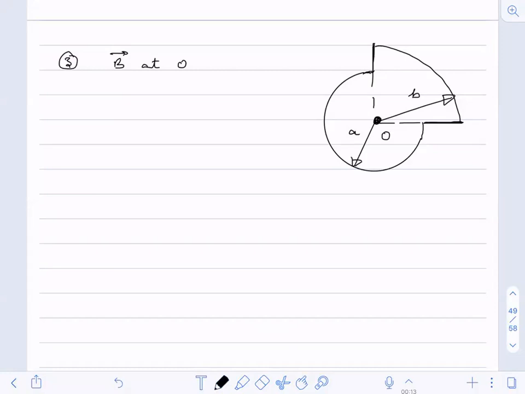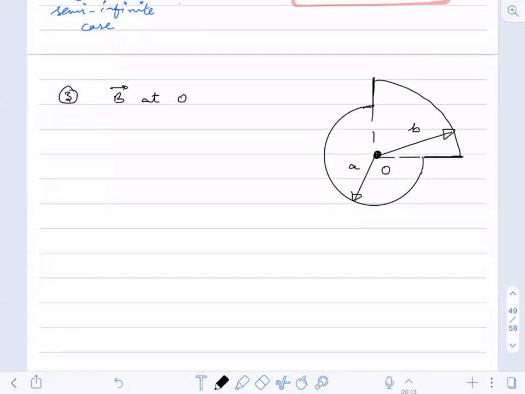So the first part will be, I'm starting from this end. Suppose this is A. From A, the current moves like this and reaches this point B over here.